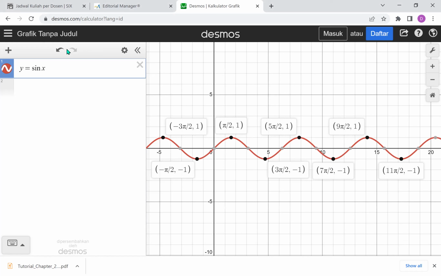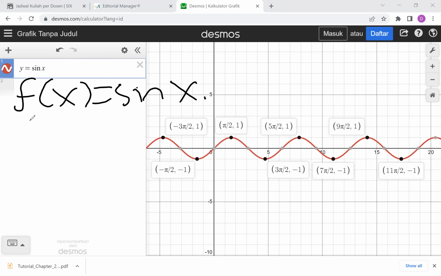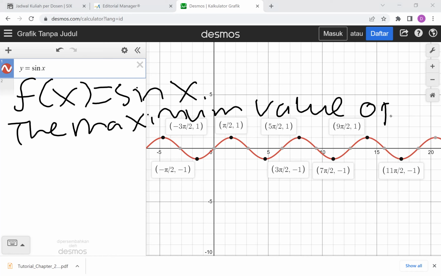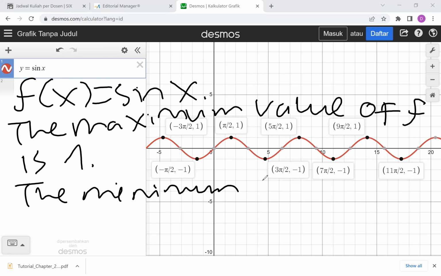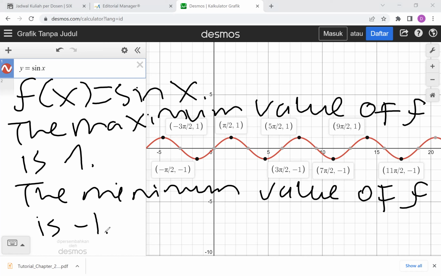So if f of x equals sine of x, then the maximum value of f is 1, and the minimum value of f is -1.